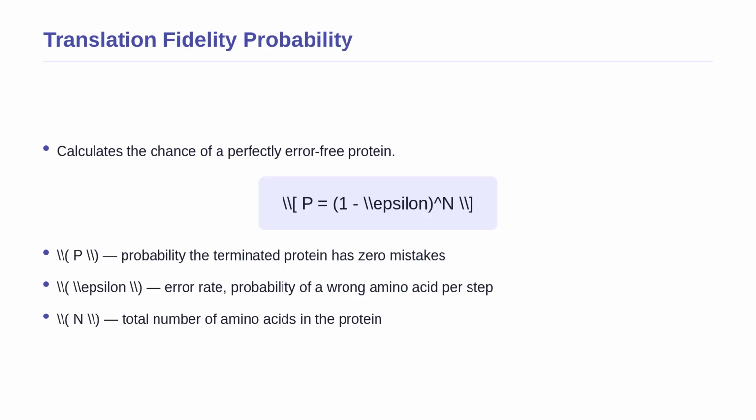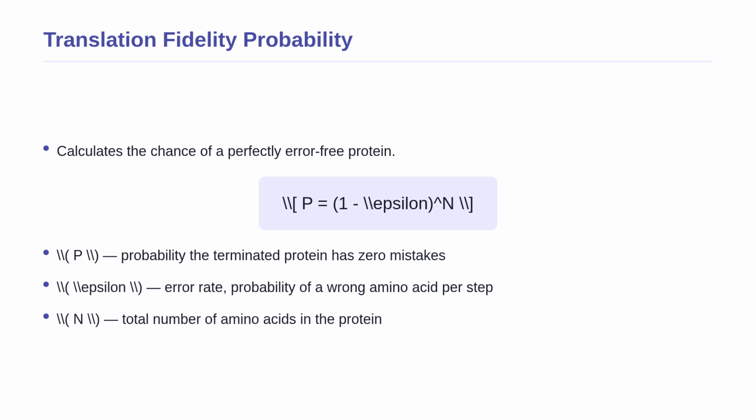To truly understand the challenge of fidelity, we must look at the mathematics behind it. The formula for translation fidelity is P equals (1 minus epsilon) all raised to the power of n. Conceptually, this is a basic probability equation. 1 minus epsilon represents the chance of getting a single step right.